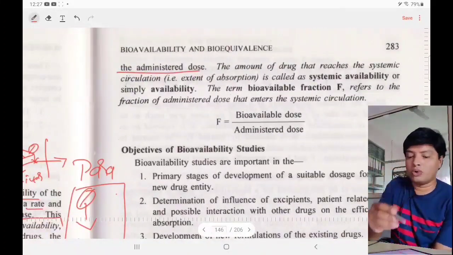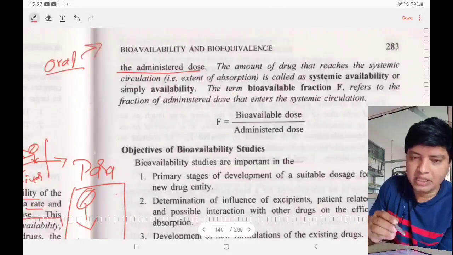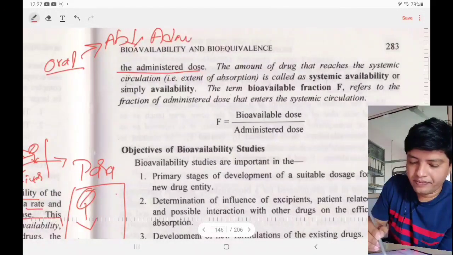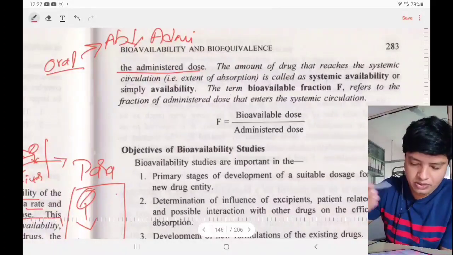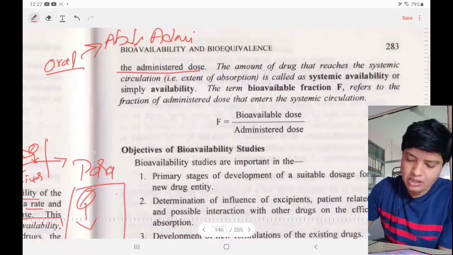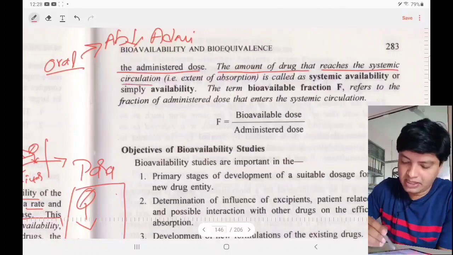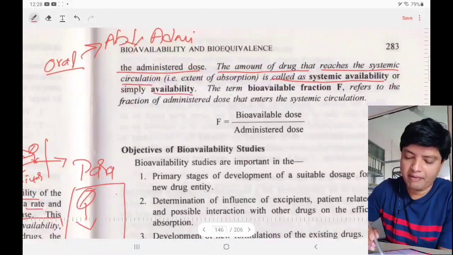Obviously, if it is the oral route, the absorbed dose will be less than the administered dose. So the amount of drug that reaches the systemic circulation is called systemic availability, or simply availability.